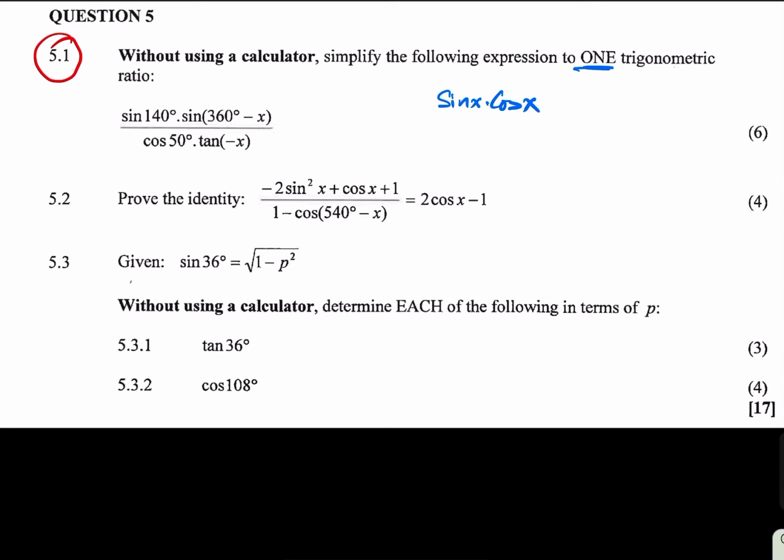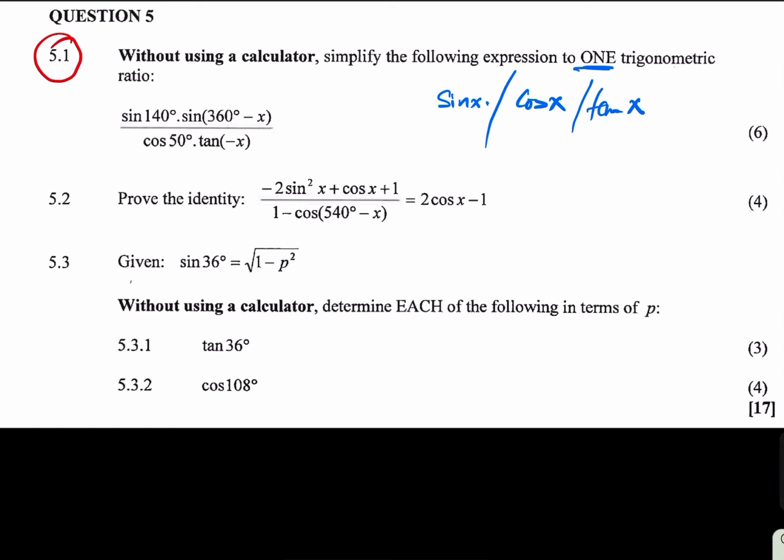These are two trig ratios. It must be either sine x or cos x, or even the tangent, because the tangent is also part of a trigonometric ratio. So you can leave your term with either sine or cos or tangent. It may be negative. So make sure that you adhere to the question.